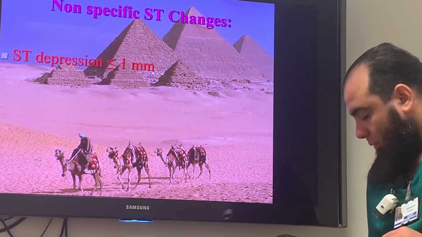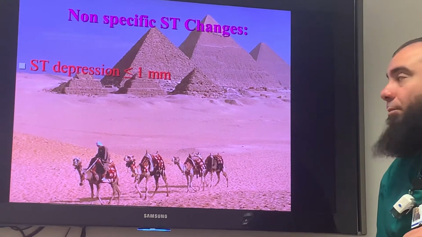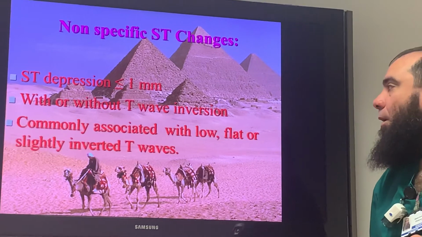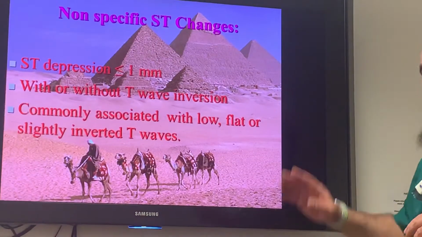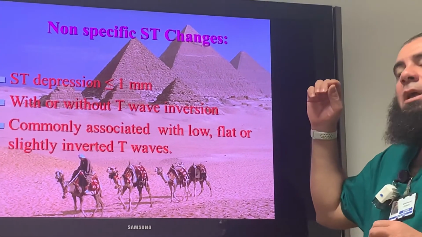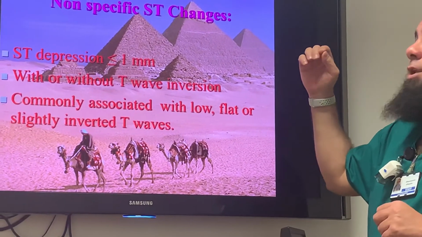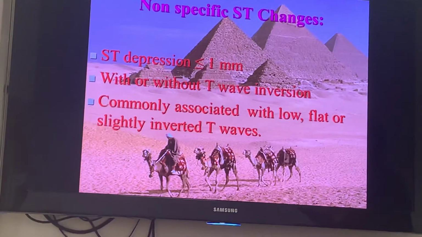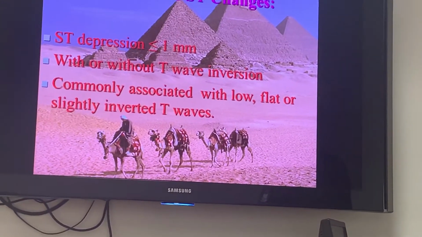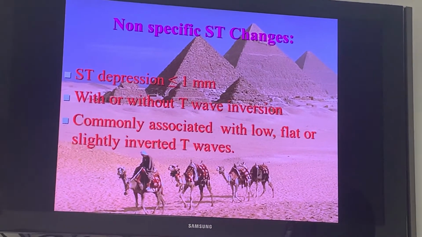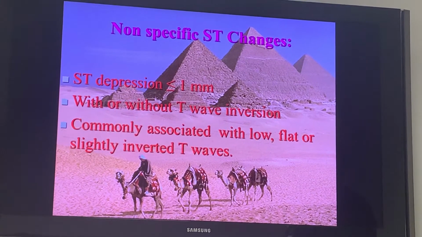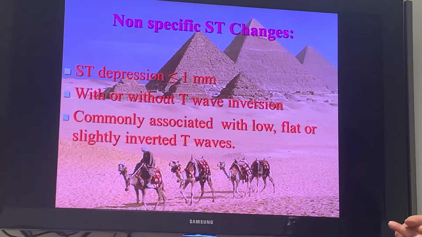Non-specific changes. Sometimes we find ST depression and elevation, but they're not specific. For example, when I discussed ST segment elevation, we discussed one small square in limb leads and two small squares in precordial leads, and one small square depression or more is defined as ischemia.